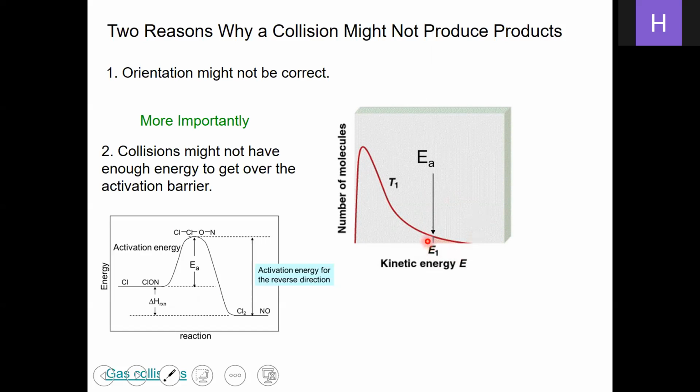Everything above that activation energy does have significant enough kinetic energy to overcome that activation barrier. Everything below that kinetic energy does not have enough energy to get over the activation barrier.